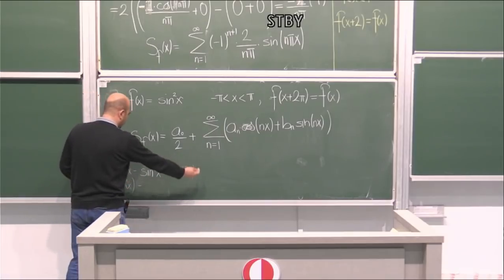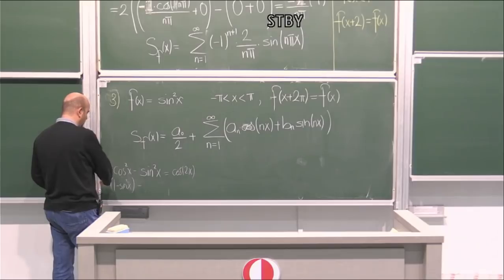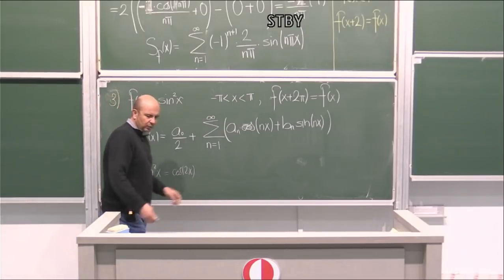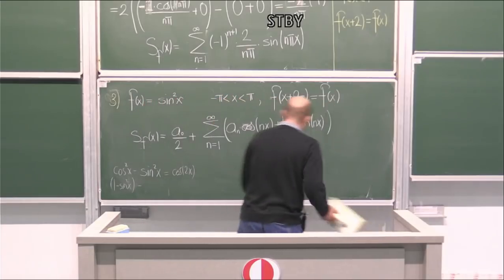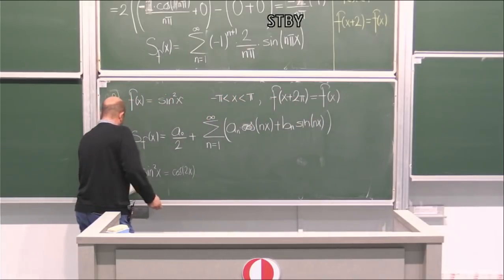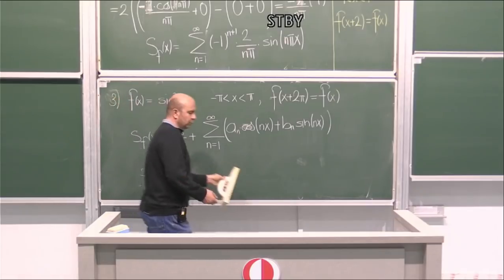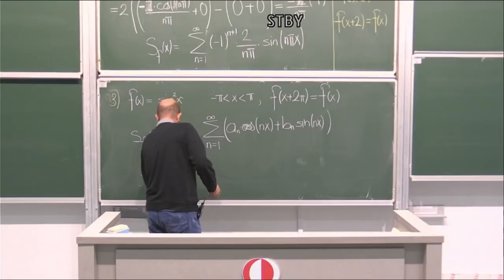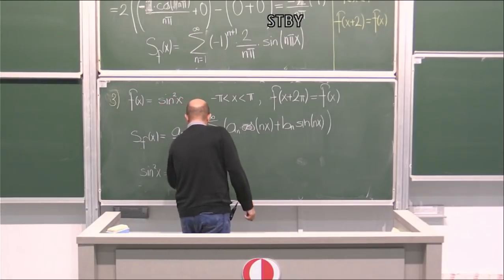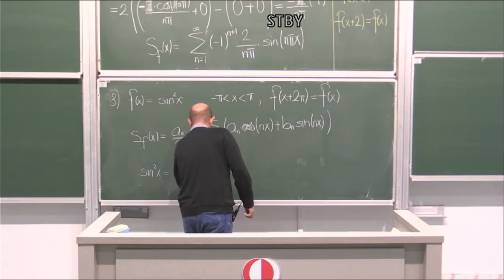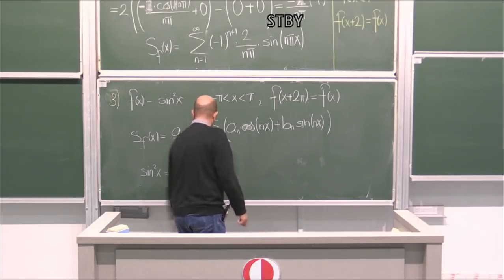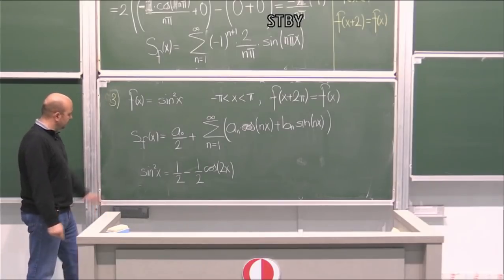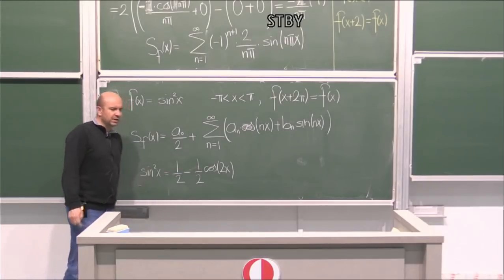So take sine square this side, cosine 2x this side, divide by 2. So then what do we get? We get the following. Sine square is equal to 1 over 2 minus 1 over 2 cosine 2x. So this is what we have. So I was able to write sine square this way.